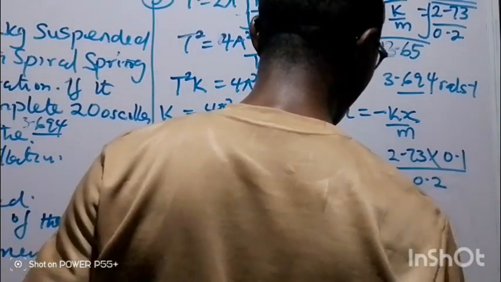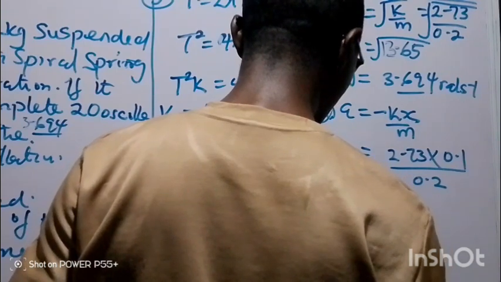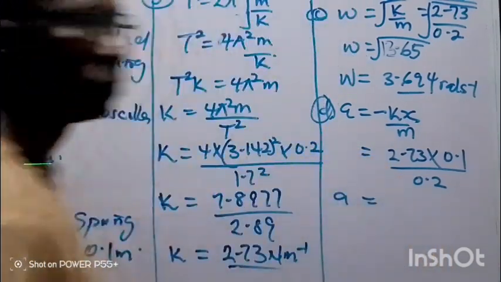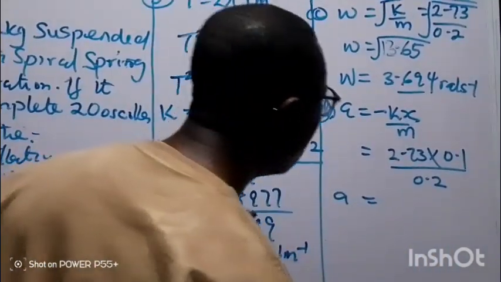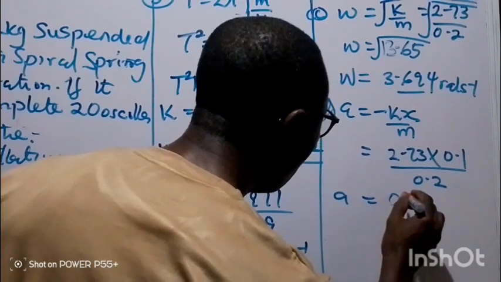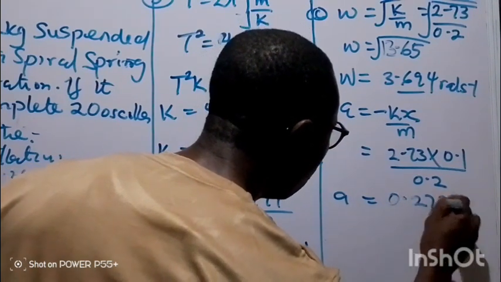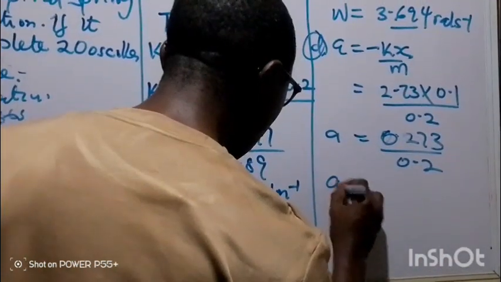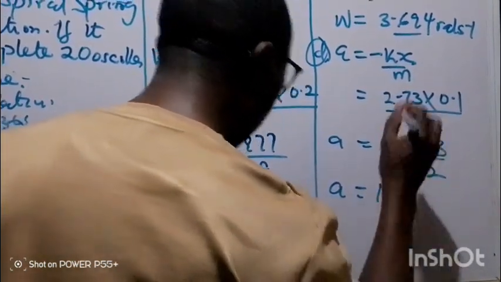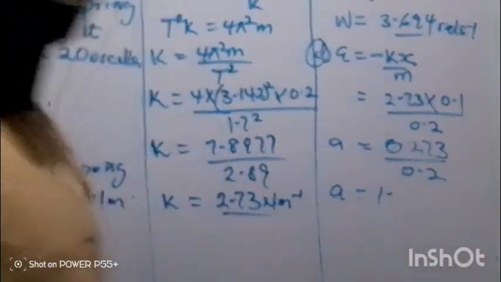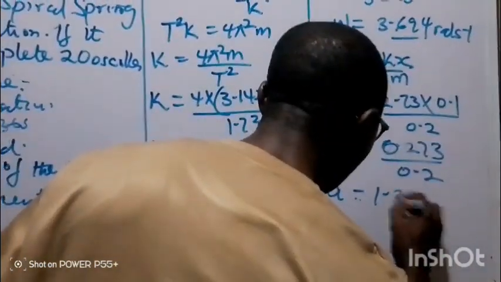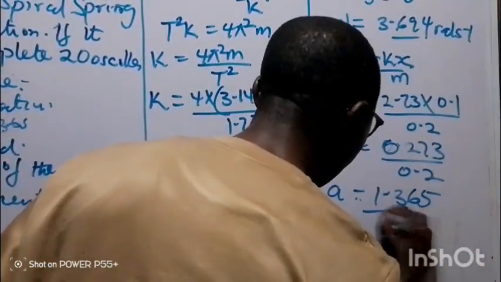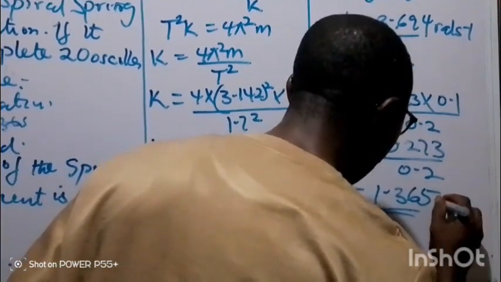So a will be equal to 0.273 divided by 0.2. The answer for a will give us 1.365 meter per second square.